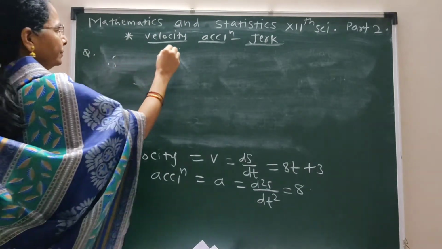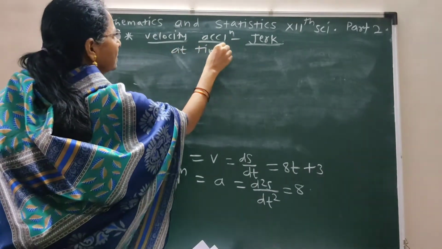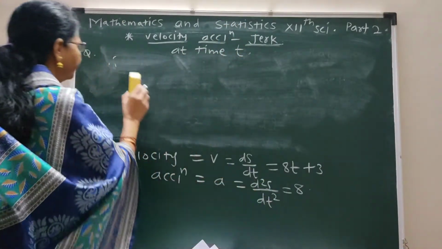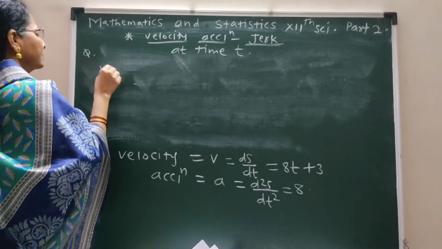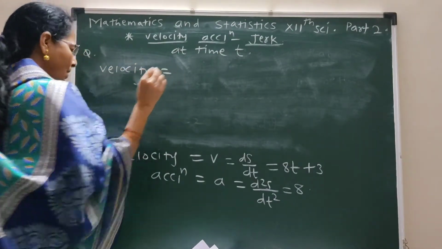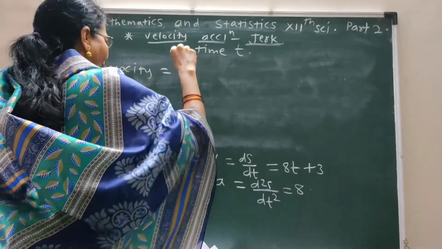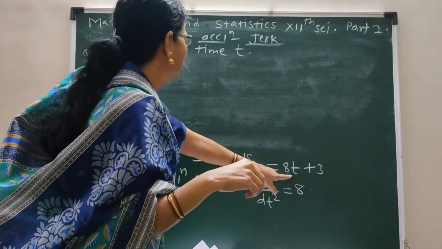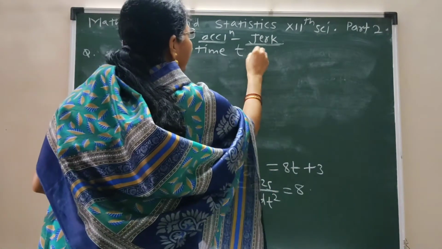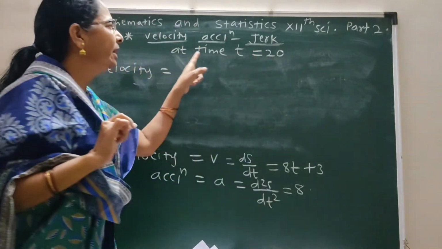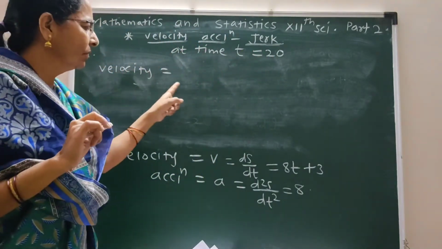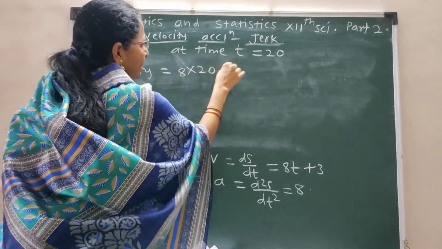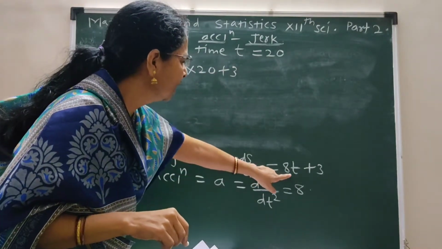Therefore, at time t, velocity is this. At time t is equal to 20, velocity is equal to 8 into 20 plus 3. Where there is t, write 20.